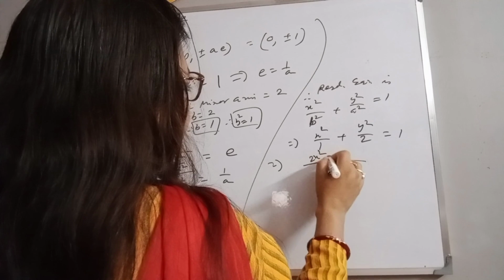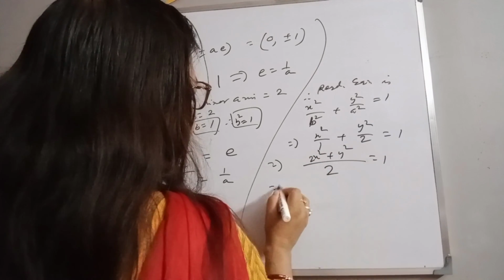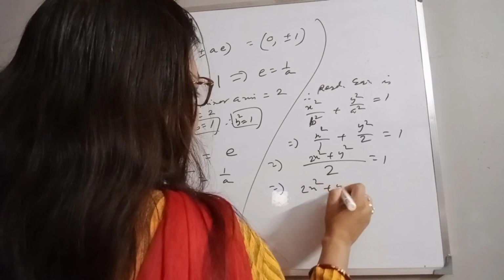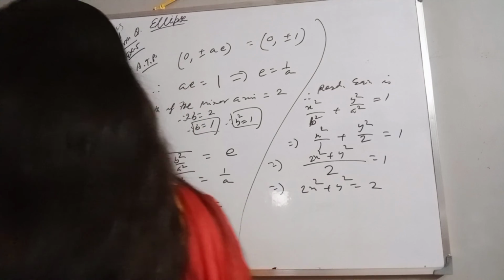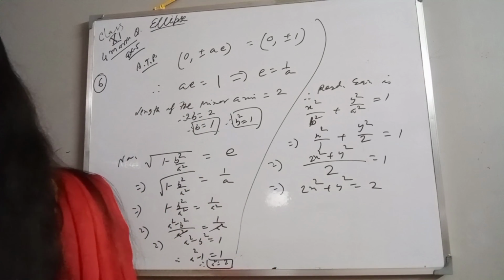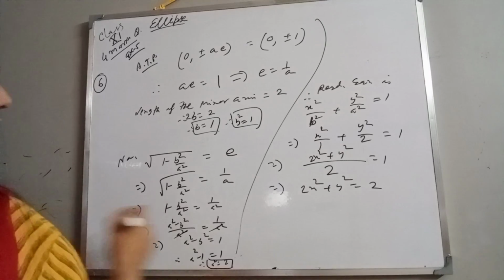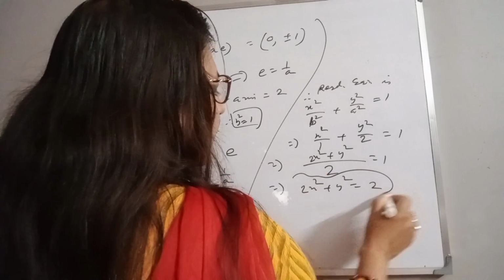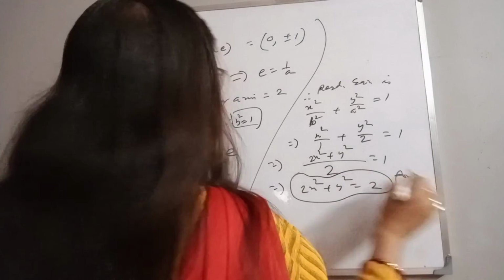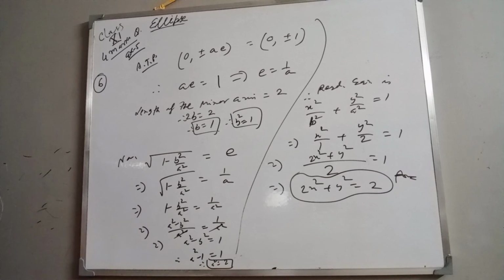So it is coming 2x square plus y square equals 2. This will be the answer, the equation of the ellipse.